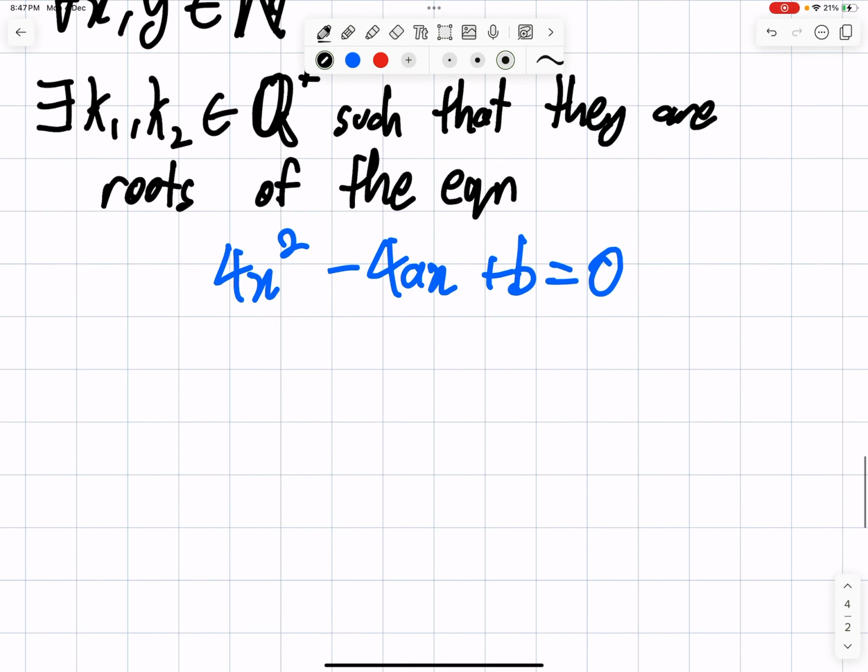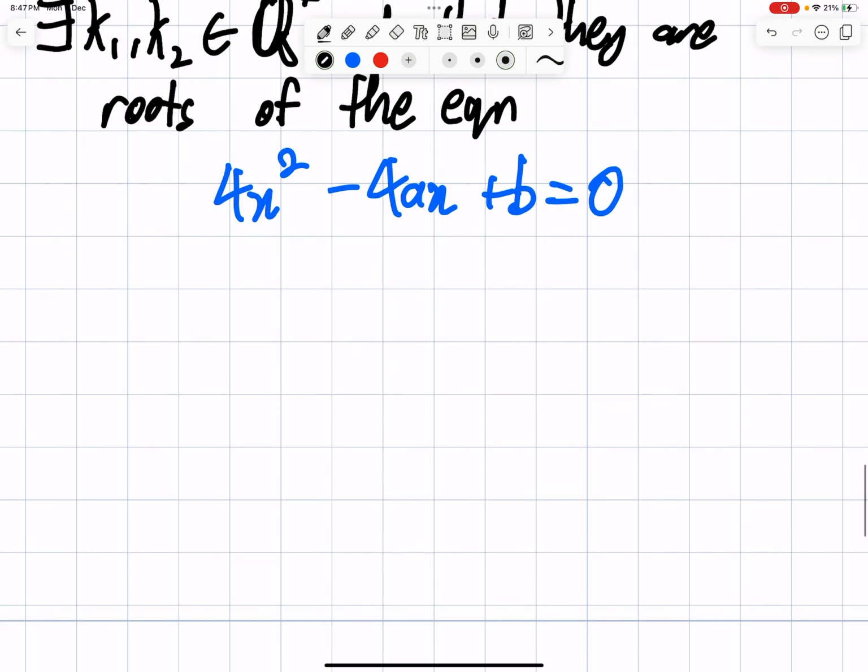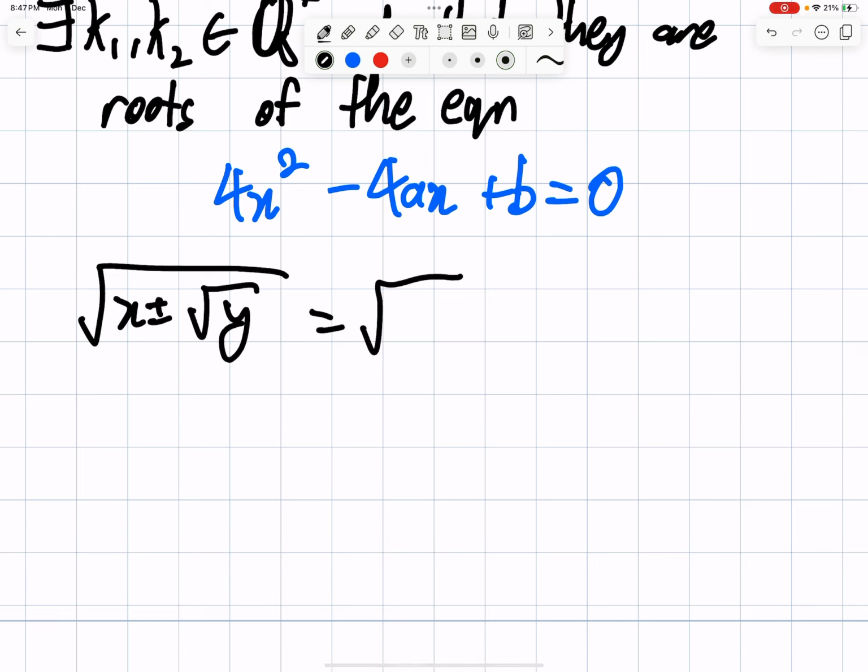If we have k1 and k2 like this, then we can actually write square root of a plus minus square root b equals, again, square root k1 plus minus square root k2.